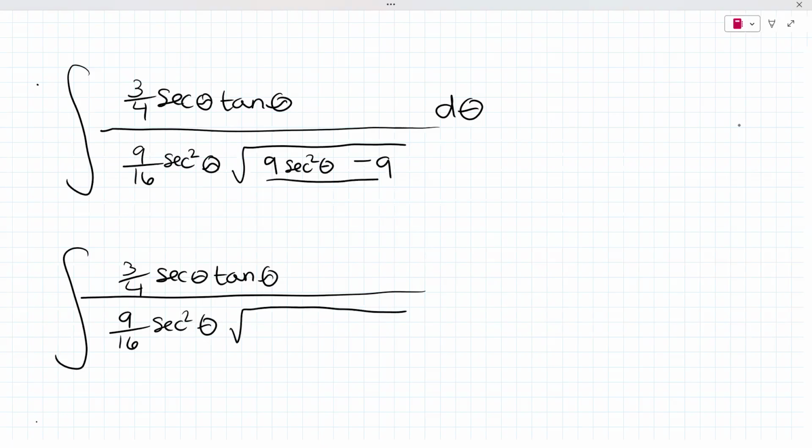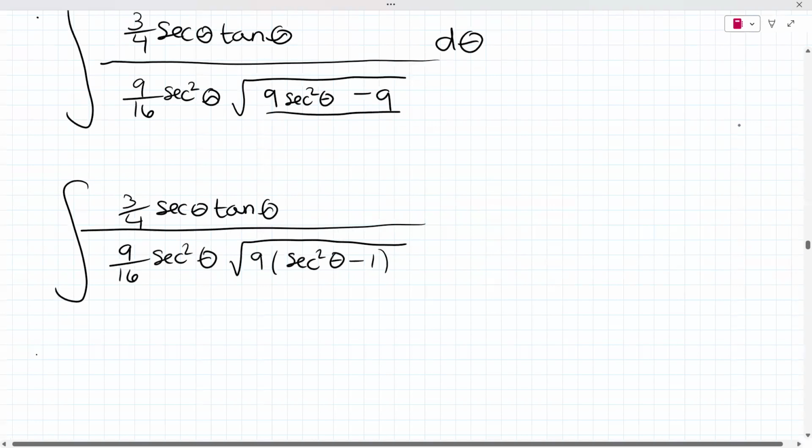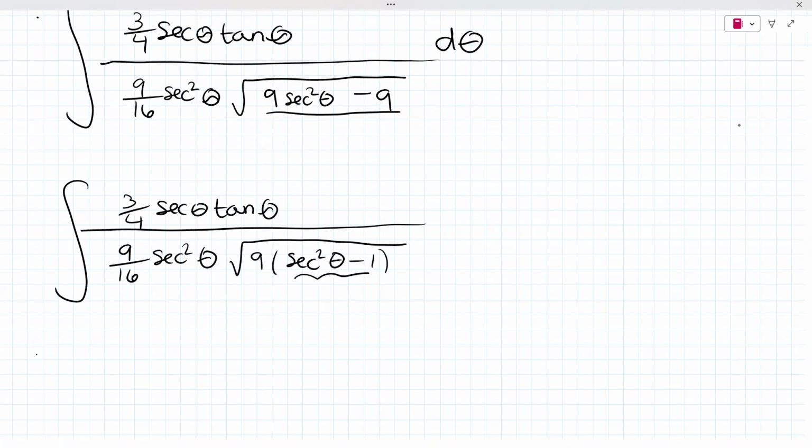So over here, you can factor out a 9. So that's going to be 9 times secant squared theta minus 1. We know that the square root of 9 is 3, so you can take that out. And then you have the square root of secant squared theta minus 1.